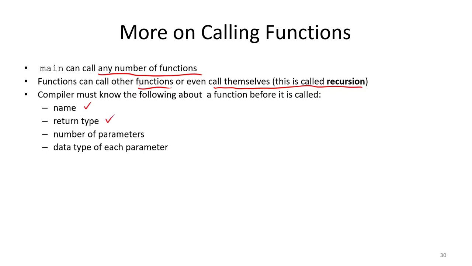Remember, before a function is called, the compiler must know the name, the return type, number of parameters, data types, and it also must know the definition of that function. So you want to make sure that you have declared and fully defined your function before you start trying to call it.